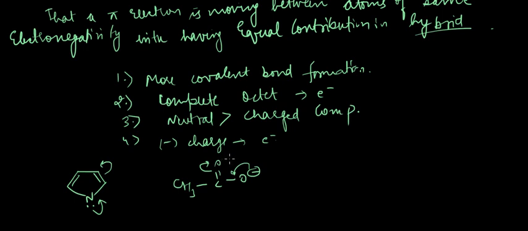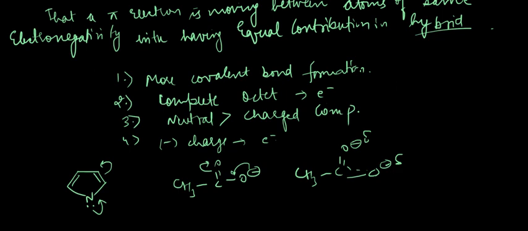Hence the pi electron is moving between the atoms of same electronegativity. And does it have equal contribution in the resonating structures? Why not? Delta half. I hope you understand the delta, so I'm not writing into the intricacy, but I hope you have understood the meaning of equivalent RS very well by now.